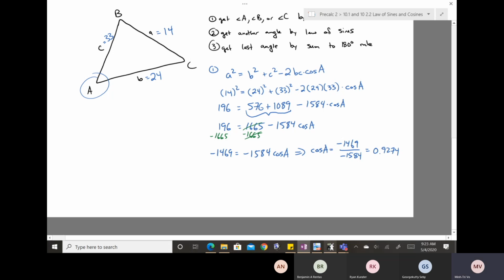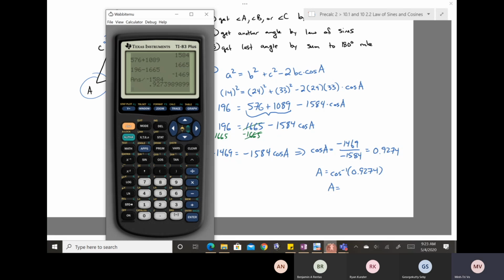But that's cosine of the angle, and it's smaller than 1, so that's okay. All right, so now I have to do the inverse cosine. So what is this?